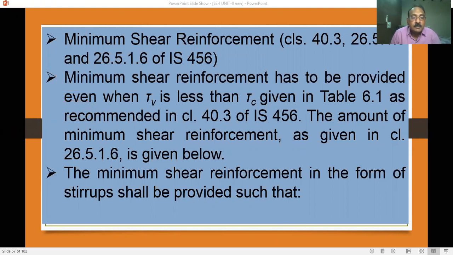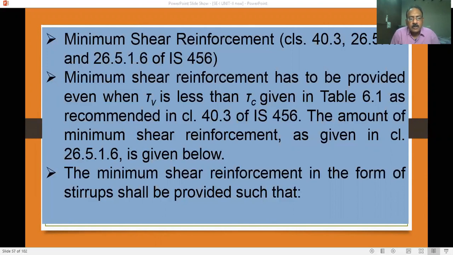See, how to find this minimum shear reinforcement. And what is Fy? It is the characteristic strength of the stirrup, which shall not be greater than 415 Newton per mm square. The characteristic strength of high yield steel for Fe 415 is 415 Newton per mm square. This we already discussed in previous classes.